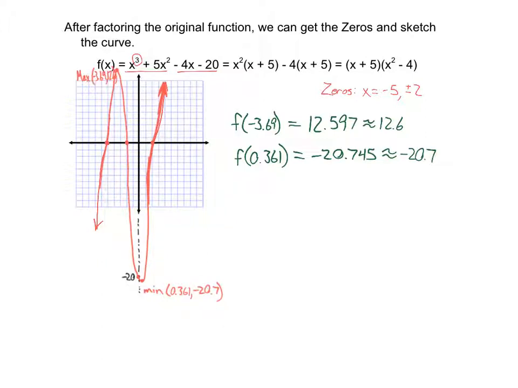If this is a model of the movement of an object, and let's say the object is moving up and down in the air, and that 0 is where it would be if it was at sea level or whatever, then we can figure out exactly how high it goes, exactly how low it goes, and we can also take the derivative to tell us what speed or what velocity it's traveling at any given moment.